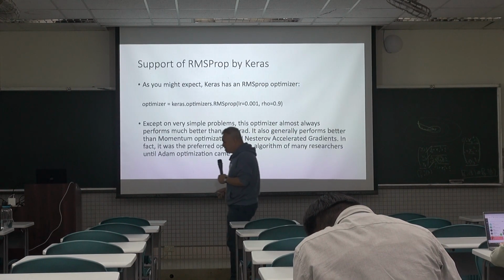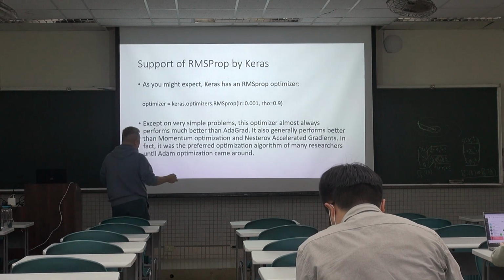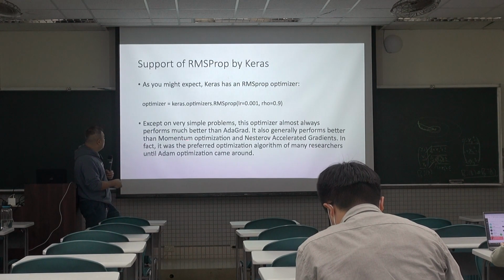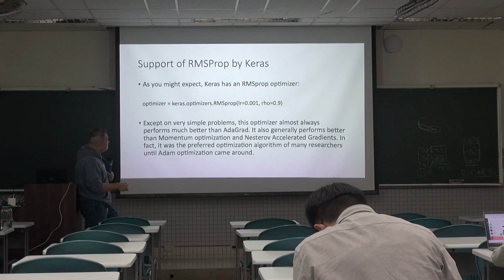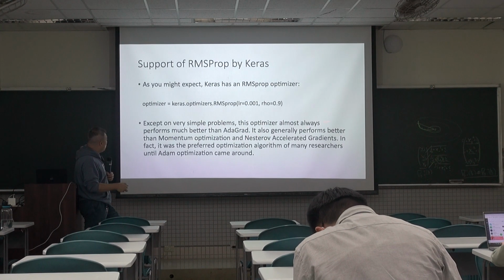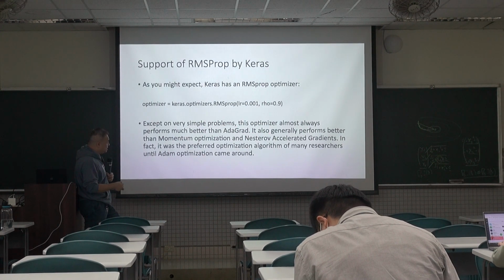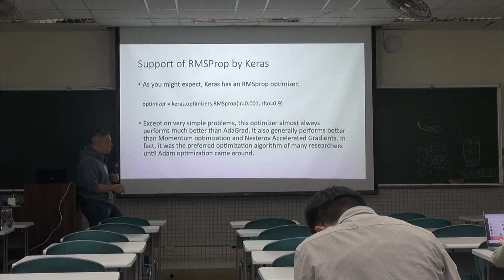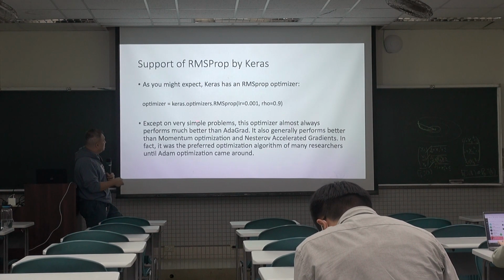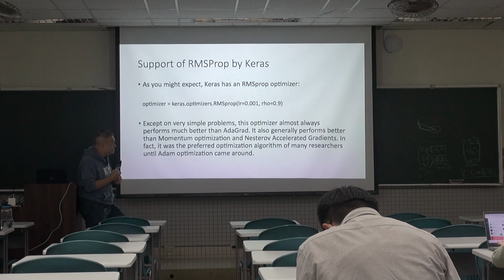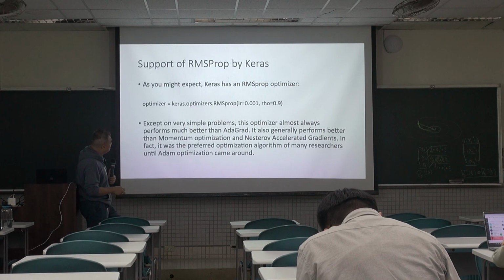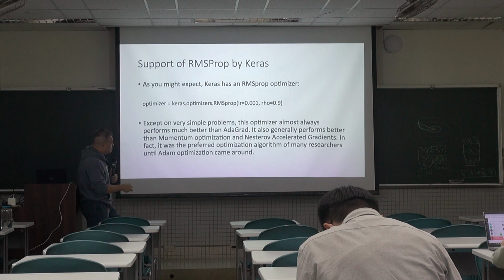Except for very, very simple problems, we found that RMSProp almost always performs better than AdaGrad. AdaGrad only performs better than RMSProp in very simple problems, but those simple problems are not deep learning. In deep learning, RMSProp is always better.